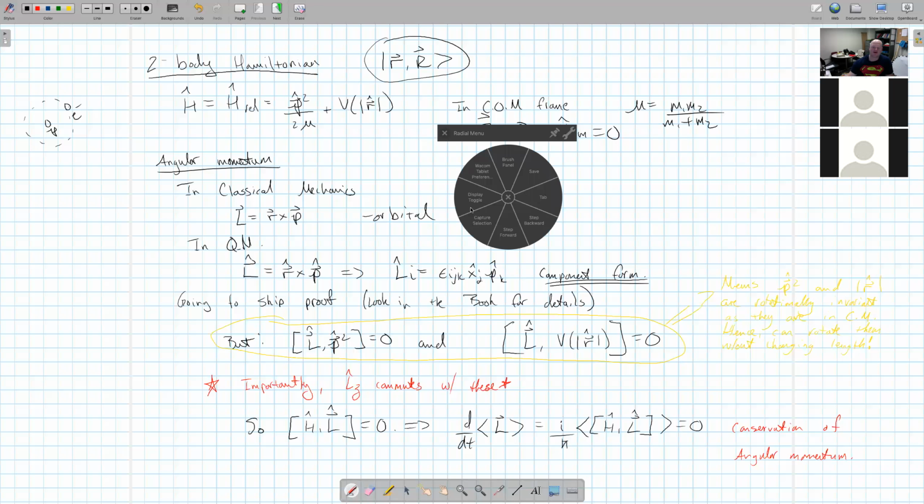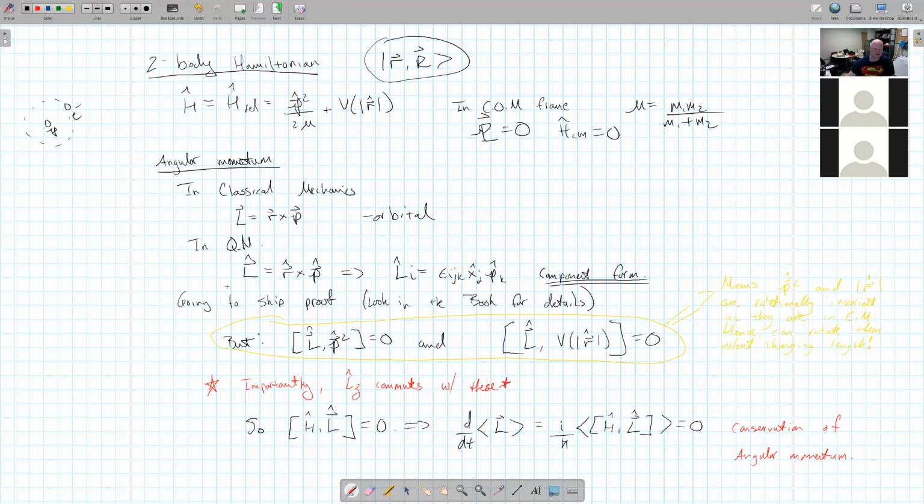So I'll skip the proof of all this. This is in the notes that I posted, or the book that's posted. But basically what you can do is you can go through and show that the angular momentum actually commutes with the momentum squared. And the angular momentum commutes with the position, in this case then the potential, which means that it commutes then with the total Hamiltonian.